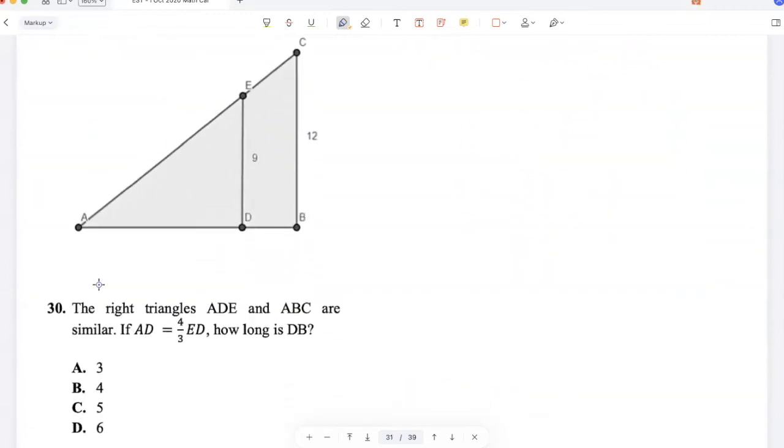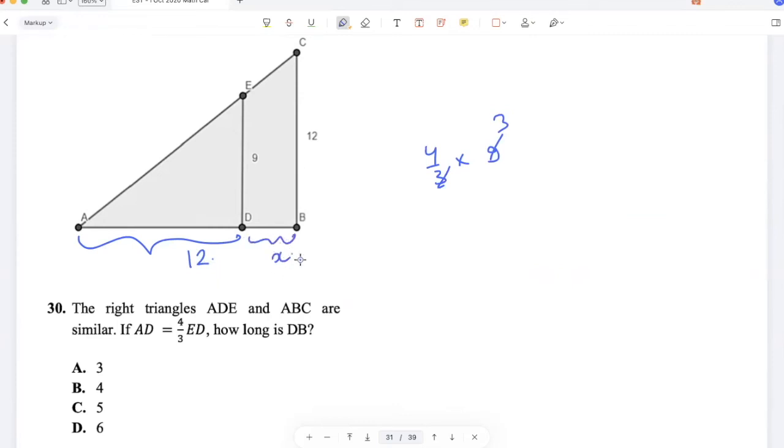Okay, the right triangles ADE and ABC are similar. If AD is 4 by 3 ED, so 4 by 3 into 9, so 12. How long is DB?